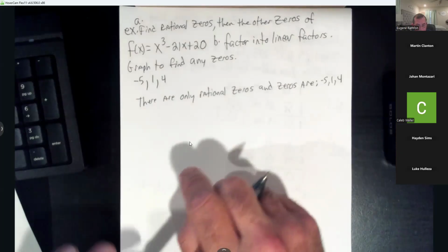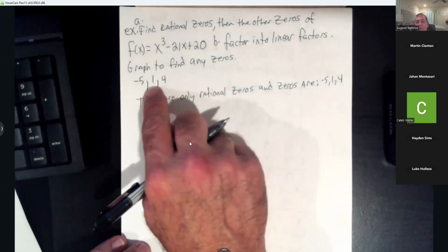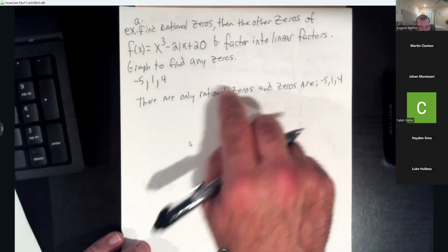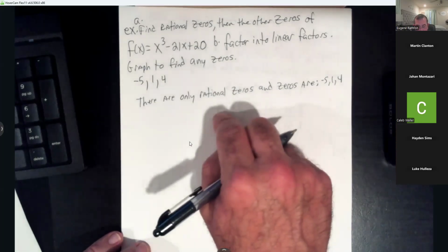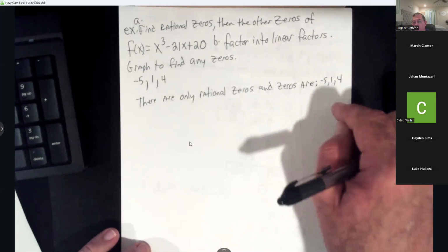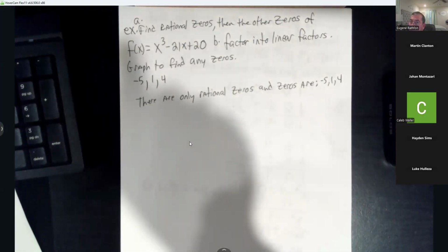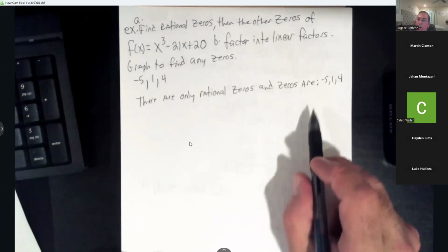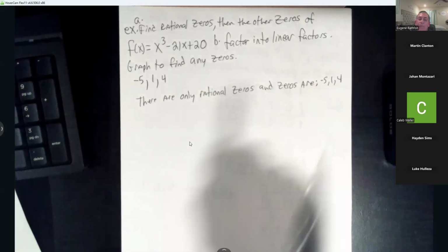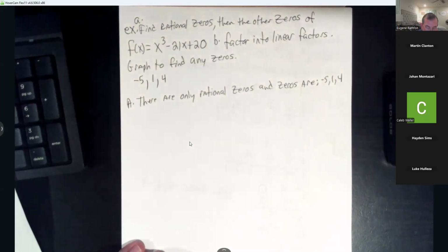Now, sometimes, well, not on this problem. Everybody's going to get rational zeros only. But they do have a B that says the rational zeros are blank and the other zeros are blank. The other zeros would be the square root zeros and the imaginary. But y'all aren't going to get them on this problem. All y'all's are going to be rational, okay? So you're going to always choose A on that one.